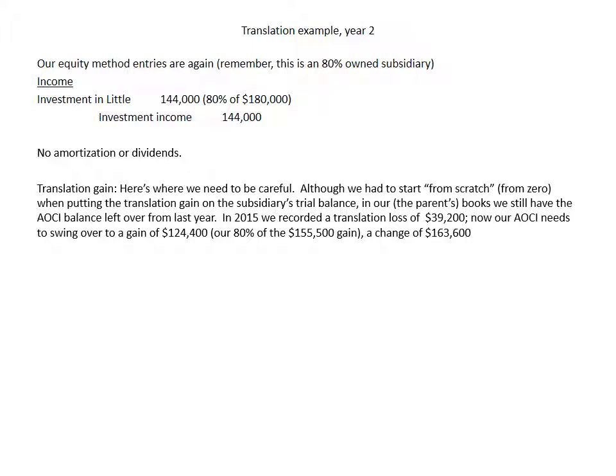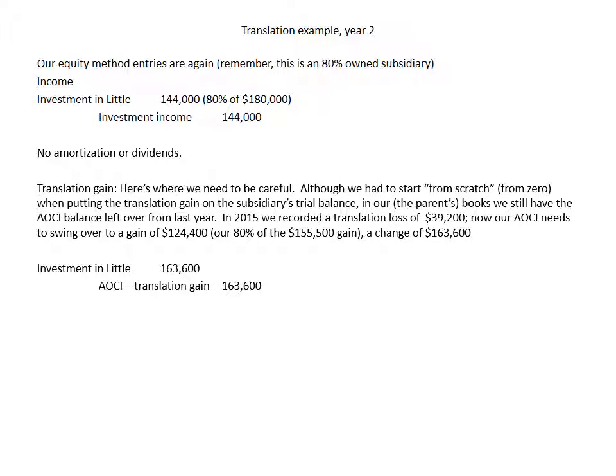Now Little has a sizable translation gain, and our accumulated other comprehensive income needs to be 80% of that gain, or $124,400. So we need to make our accumulated other comprehensive income account swing from a $39,200 debit balance to a $124,400 credit balance, a change of $163,600.